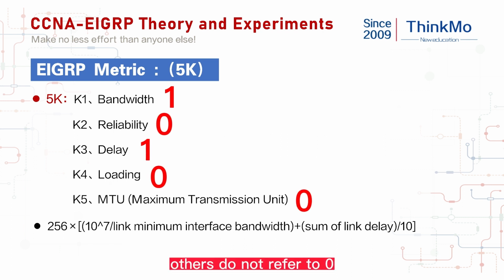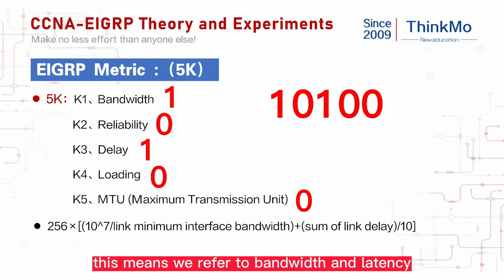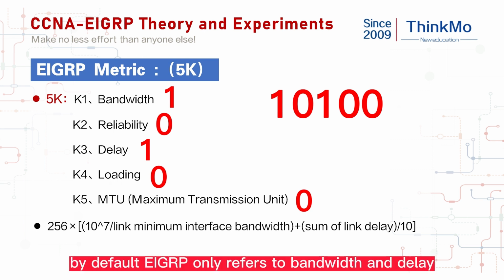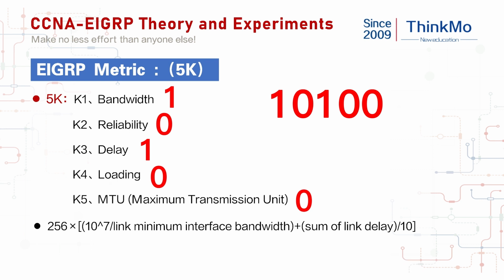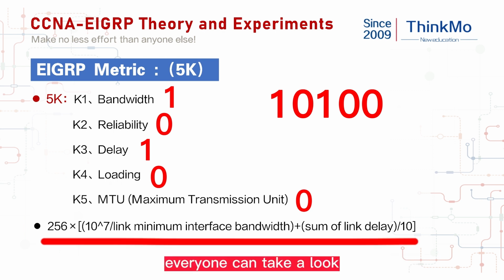Others are not referenced, so 0. Then this 5K value is 10100. This means we refer to bandwidth and delay without reference to the other 3 parameters. By default, EIGRP only refers to bandwidth and delay. Others are not referenced. The following is the calculation formula of the metric. Everyone can take a look.